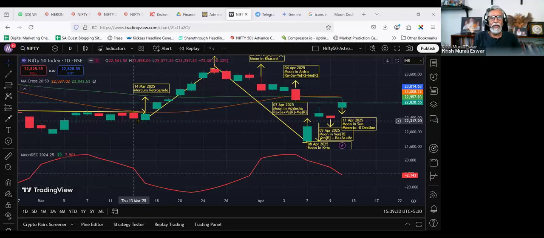Okay, let's go back and test this out. On 14th and 15th of March, moon declination turned down from positive to negative towards 0. And when the market opened on the 17th of March, the market zoomed up by 0.5%.